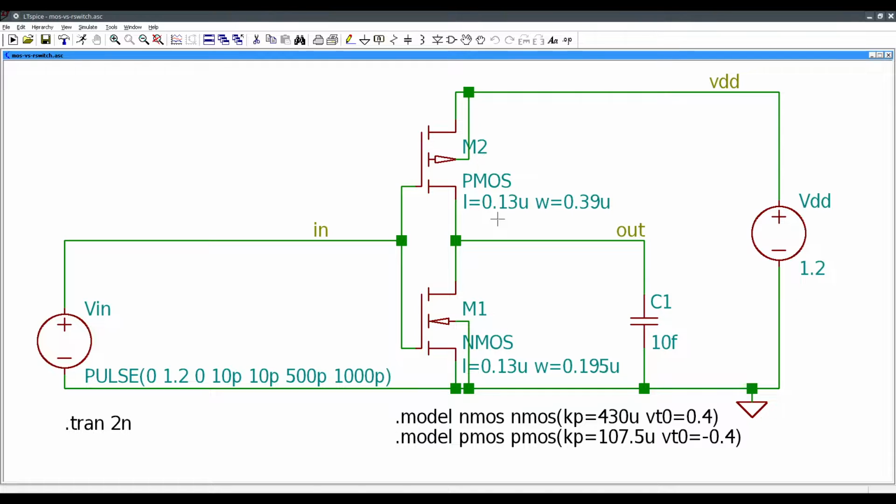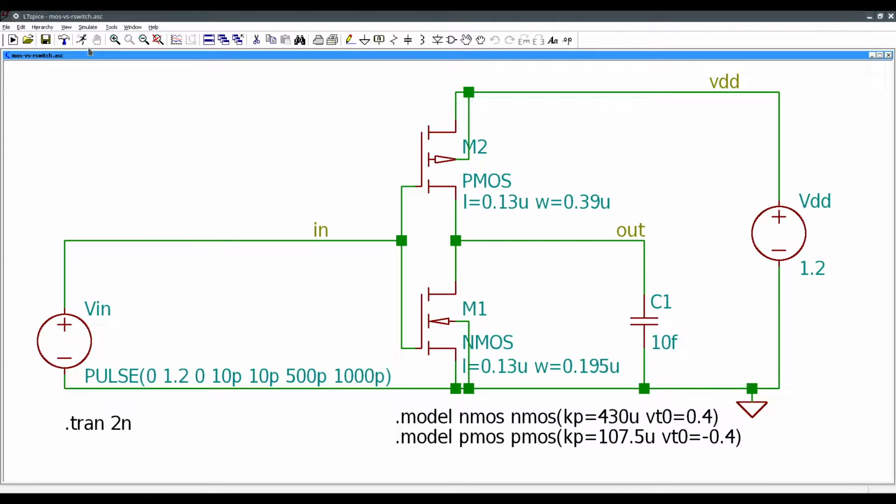This channel length is 130 nanometers or 0.13 microns, so this would really be a transistor on a chip. That's why this capacitor looks super small, 10 femtofarads, but it's a significant load for a transistor that is small. Also, just to orient ourselves, the power supply is 1.2 volts instead of 3.3 or 5 or something.